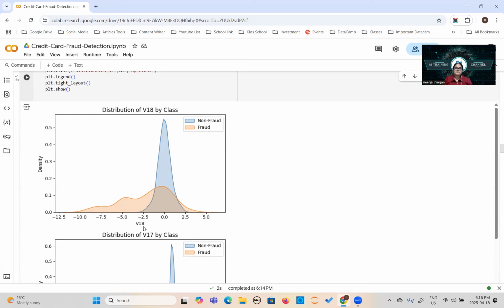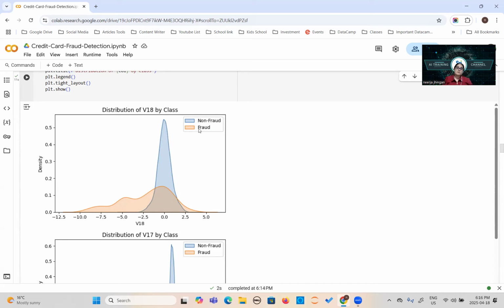So when your V18 value is between minus 2.5 to 2.5, your non-fraud density is high. So between this range, your non-fraud transactions lie most of the time, most likelihood, right?